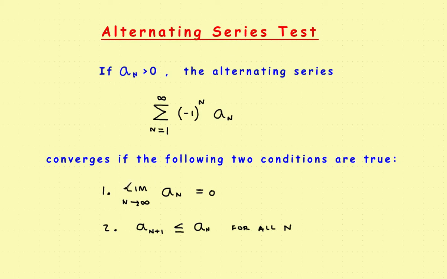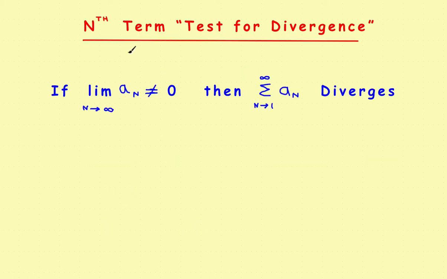Look at this first step here. When you check this condition, you're checking to see whether or not the terms of the sequence approach 0. In this case, you're hoping that they do. But anyway, the check is, are the terms in the sequence approaching 0? Now let's switch over and look at the nth term test. The nth term test for divergence actually asks you exactly the same question.